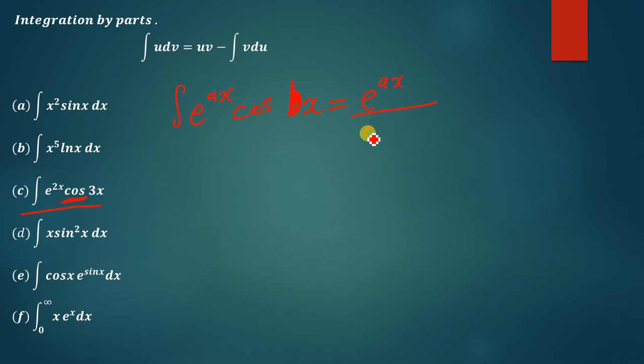This formula I'm going to write. So this is what you're supposed to do, and then you put plus c this side. Okay, so this is how you're supposed to do it.